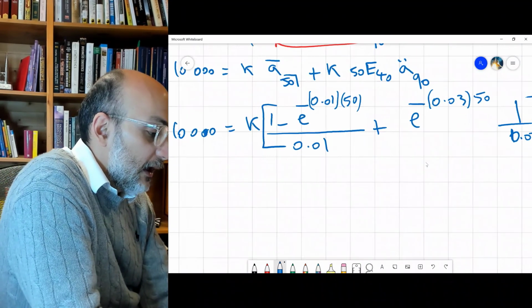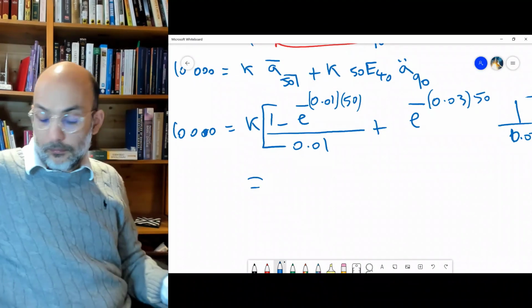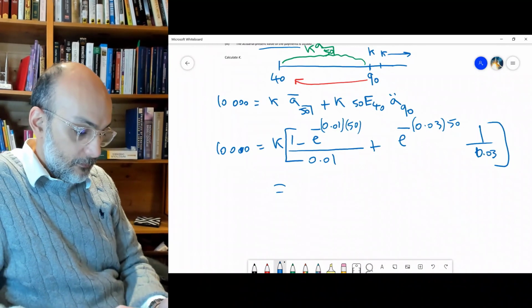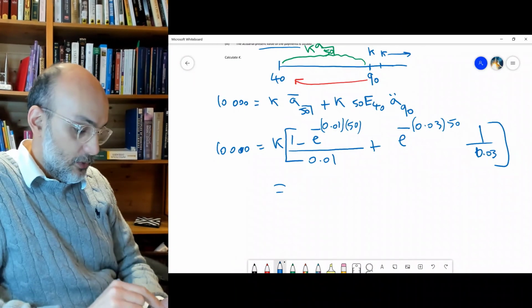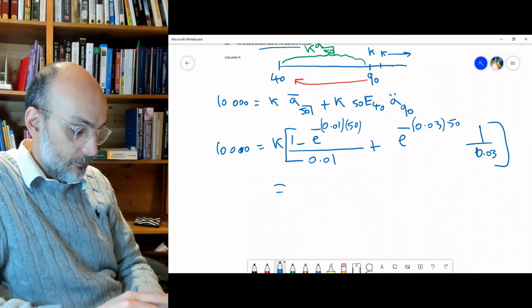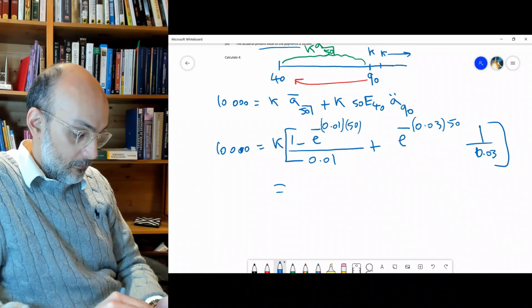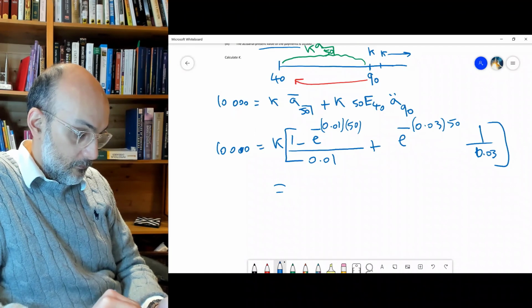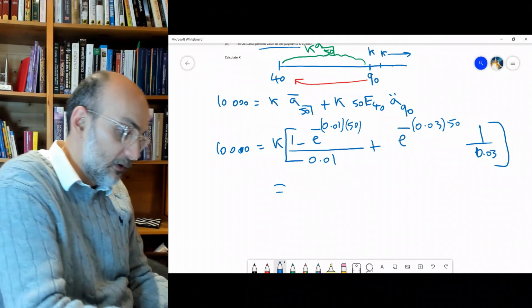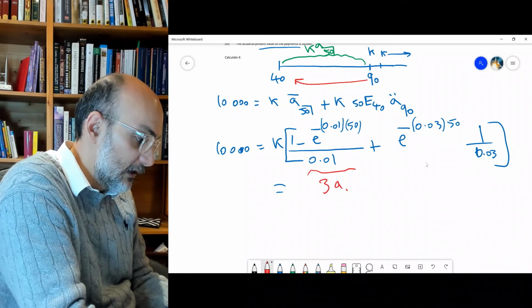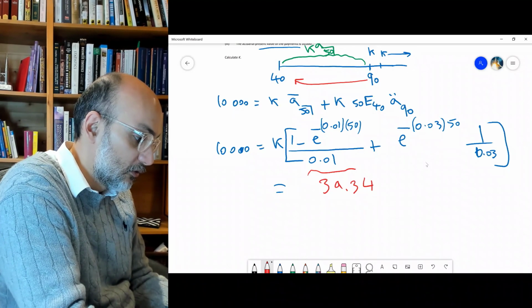Now if you do the calculation, let's start from this one, 1 minus e. So the first thing I got here is 39. I keep it in the calculator, but just for you to compare your answer.